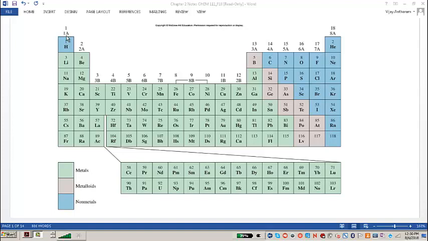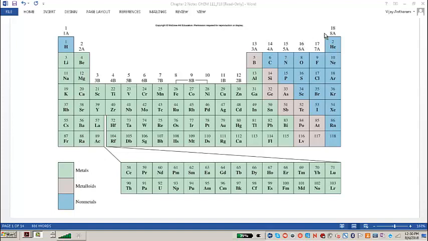I'd also like to take this opportunity to focus on, and we will talk about this more later, some of the names of the groups. So what you should know is that group 1 is also known as the alkaline metals. Group 2 or group 2A is known as the alkaline earth metals.